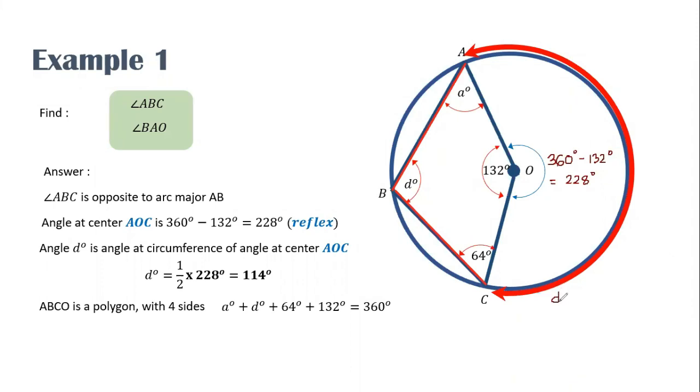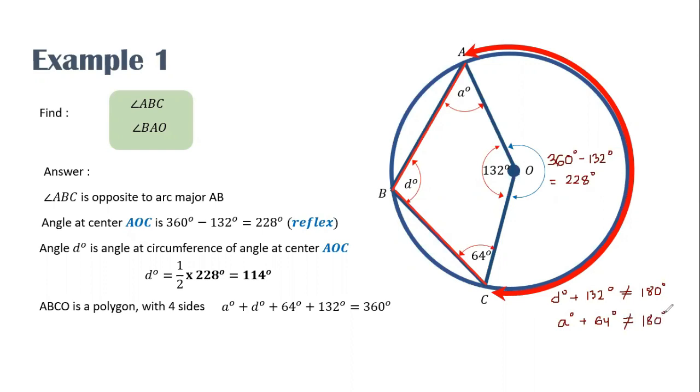D degrees plus 132 degrees is not equal to 180 degrees, right? And A degrees plus 64 degrees is not equal to 180 degrees.